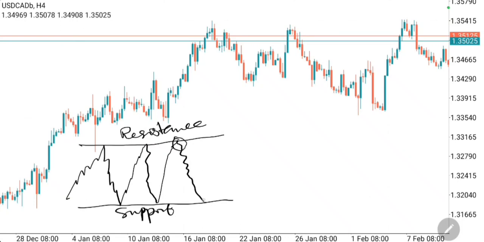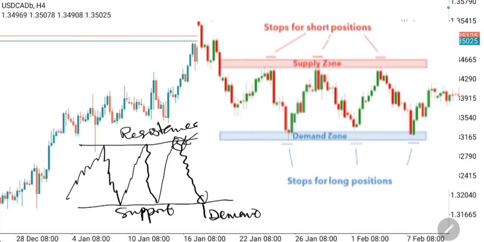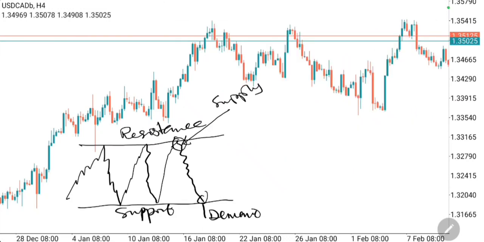Some traders will trade this as a supply zone, while others would trade this as a demand zone. But this is wrong, because as a smart money or institutional trader, I'm looking at these as liquidity pools. These are liquidity pools, and these are also liquidity pools.